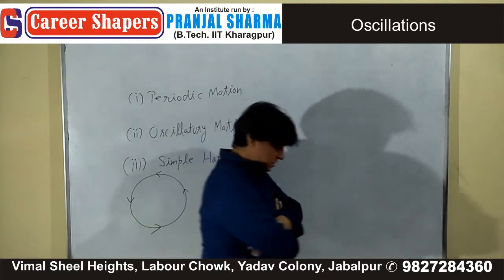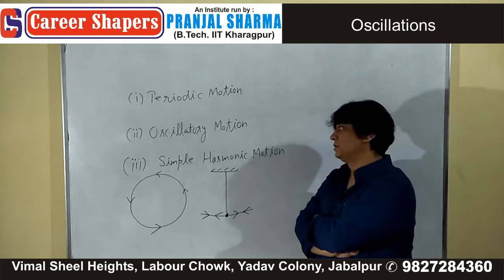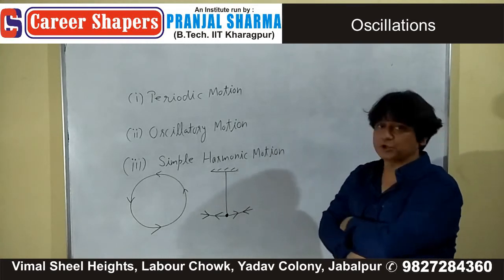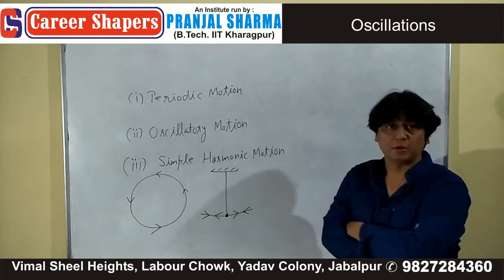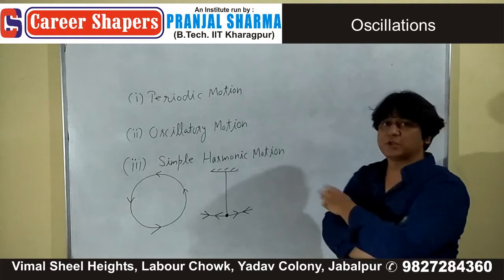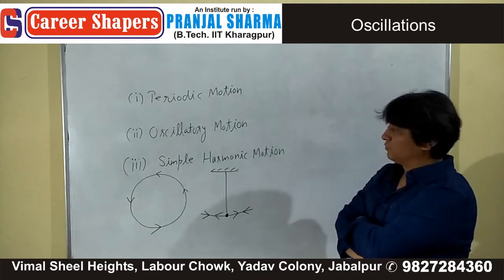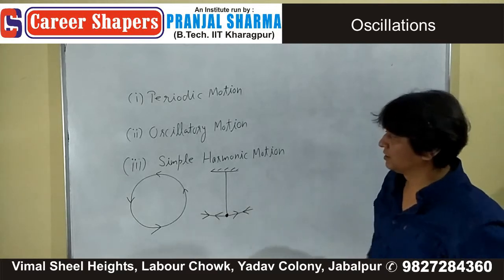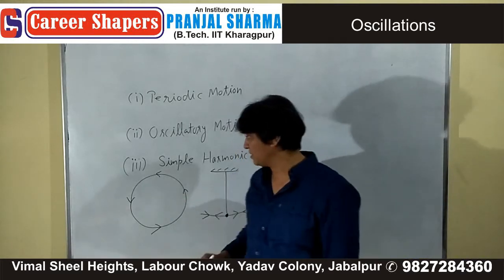But circular motion is not an example of oscillatory motion because there is no to and fro motion about a given point.